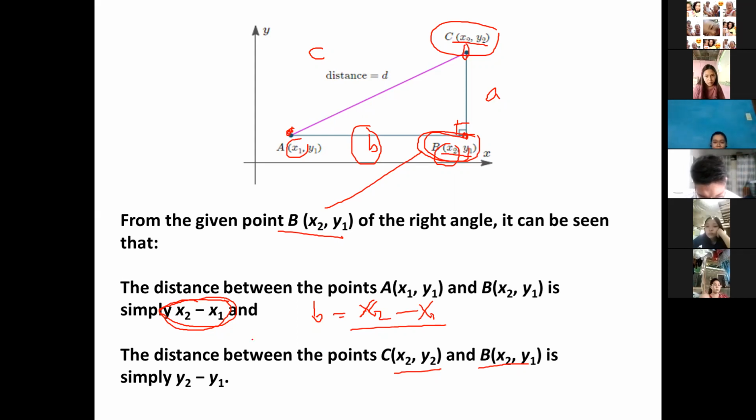So, simply y sub 2 minus y sub 1 is the difference. So, the value of our A is y sub 2 minus y sub 1. The value of our B is x sub 2 minus x sub 1. Remember, A now has a value, and our distance B also has a value.